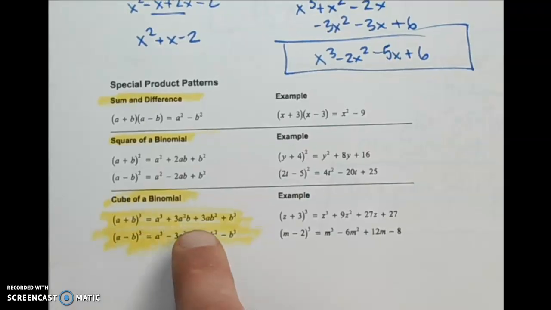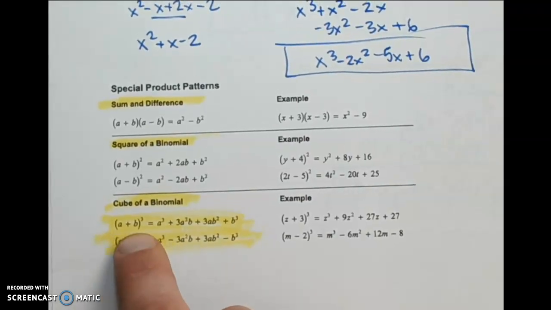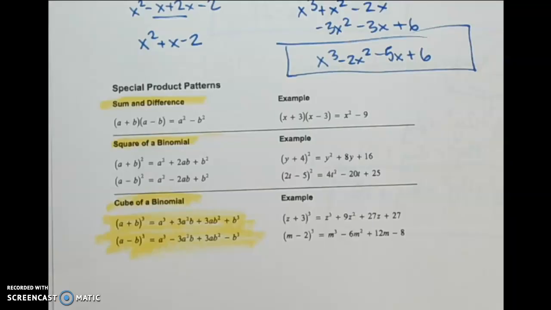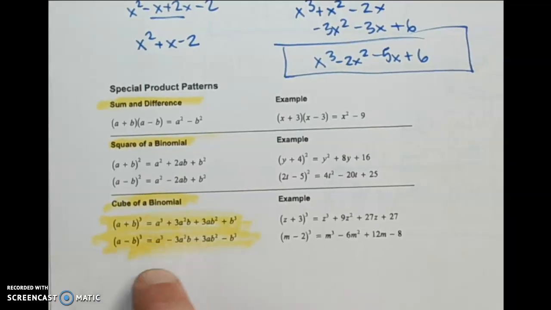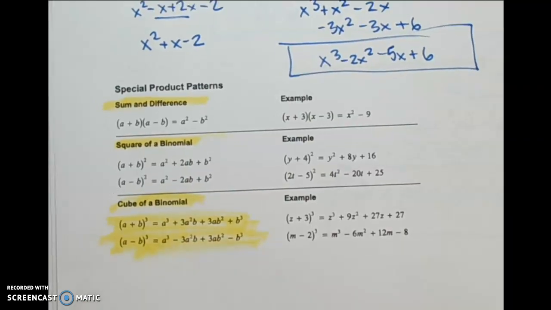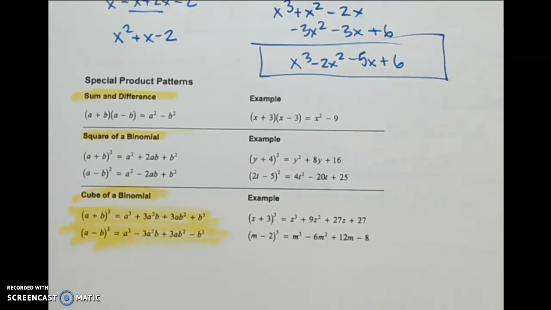Then it's going to be plus 3 times a times b squared. And then it's going to be plus b cubed. And with the subtraction sign, it doesn't really matter, it's all going to equal out in the end, but it would be positive, negative, positive, negative. Always, 100% of the time.